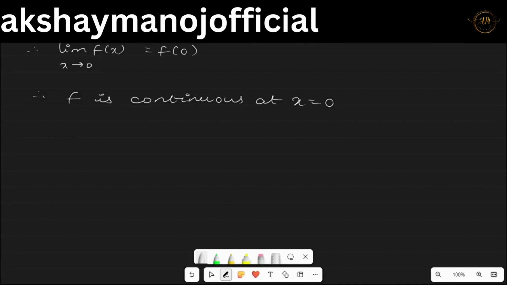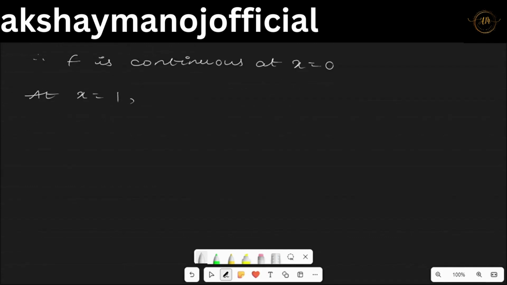Okay. We have one more condition at x equals 1. What is it at x equals 1? F is defined at 1 and its value at 1 is 1.